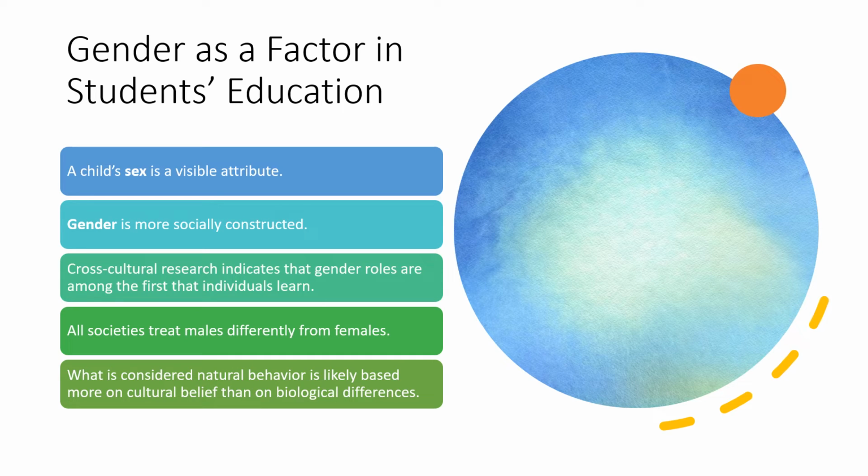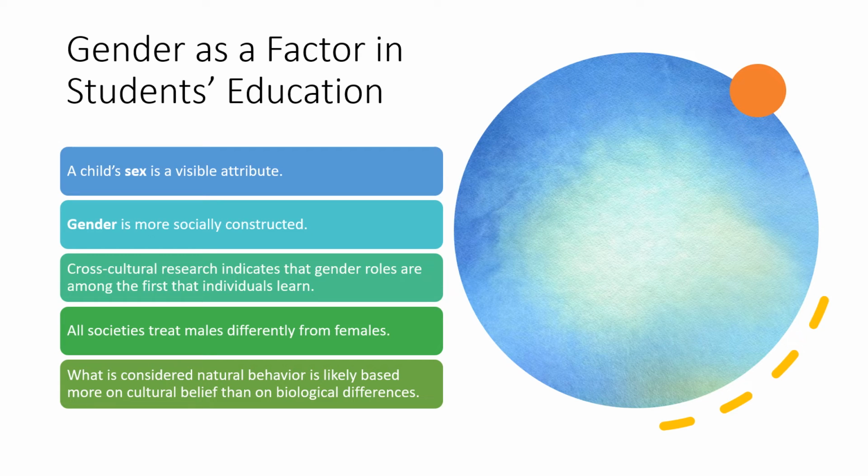Cross-cultural research indicates that gender roles are among the first that individuals learn. We know that across continents, across countries, children learn gender roles. They play house, they play where daddy goes out to work, and this is consistent throughout the nations. We also know that all societies treat males differently from females. This has been well researched.